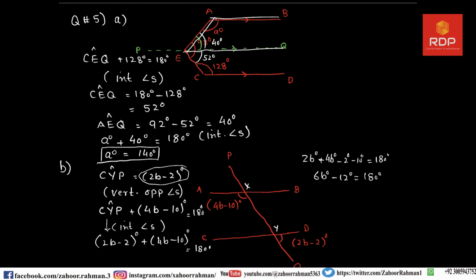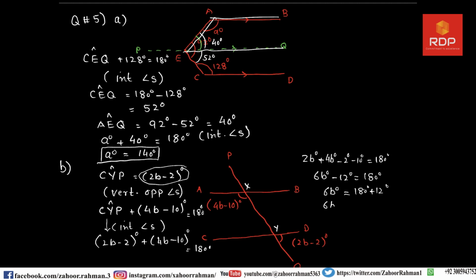So when we calculate all these things, it means that 6b degrees is equal to 180 degrees plus 12 degrees.